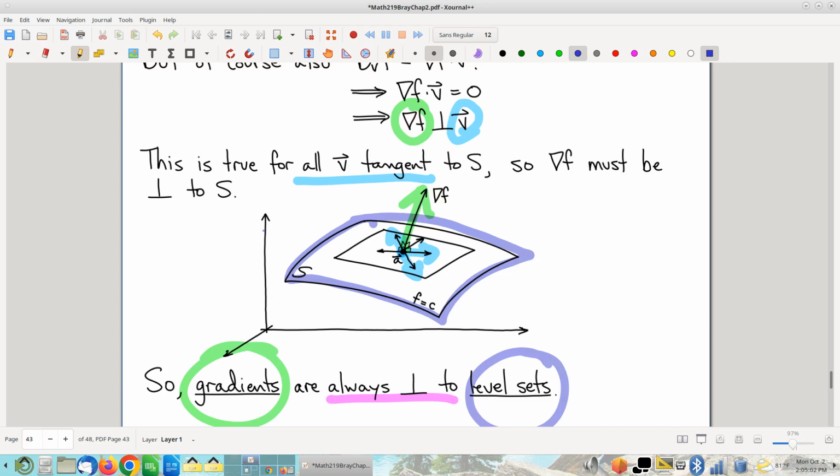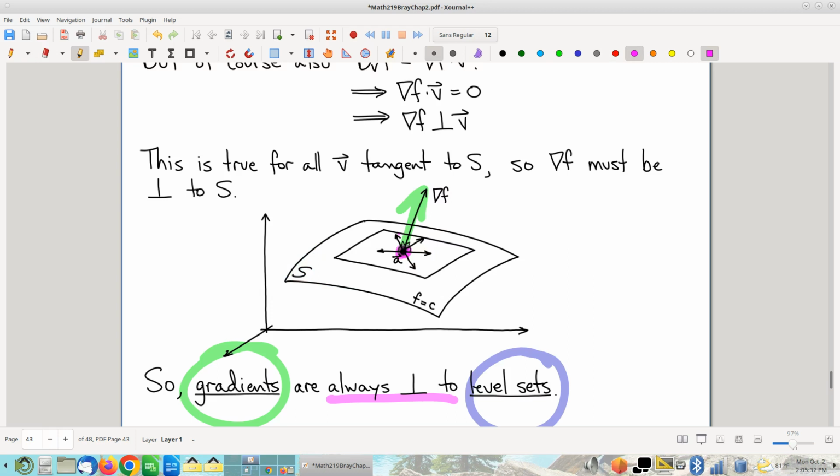Everybody happy? How can the gradient be perpendicular to the entire curve and it's not flat? Well, it's just at that one point. You're right that I'm not claiming that this one vector is perpendicular everywhere. It's clearly not perpendicular over there, right? But at the same point where you compute it, in other words, if I compute the gradient at that point A, then they are perpendicular.